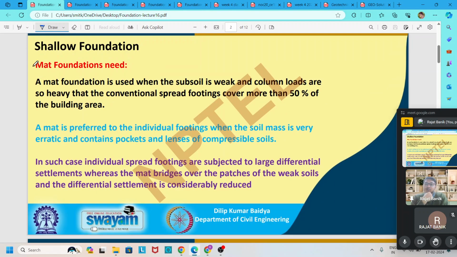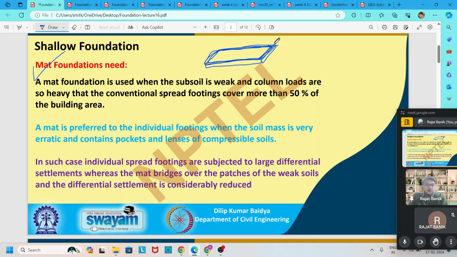In lecture 16, first, it is discussed about the mat foundation. Mat foundation is nothing but a slab, like the slab of our building, but this slab is constructed on the ground surface. If you see, the roof of our RCC building is a flat surface of some thickness.